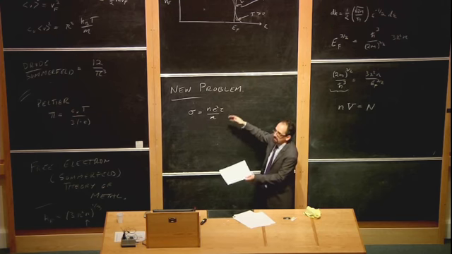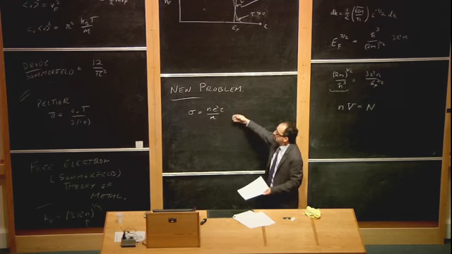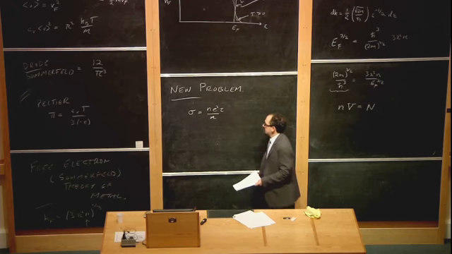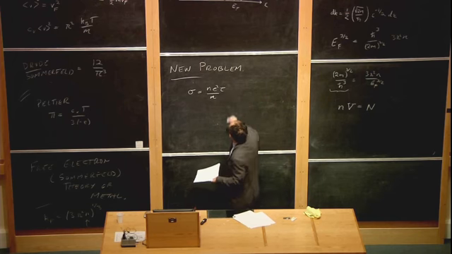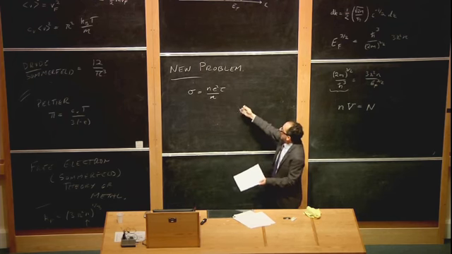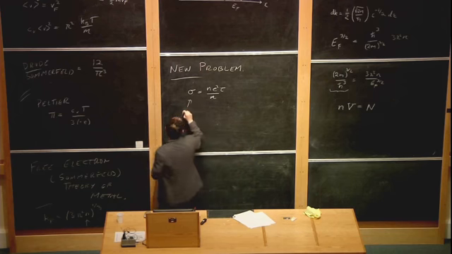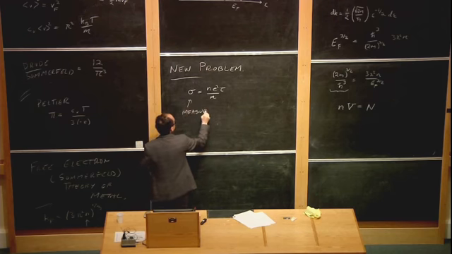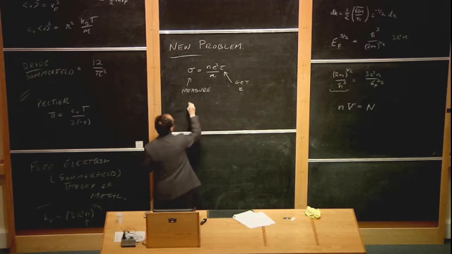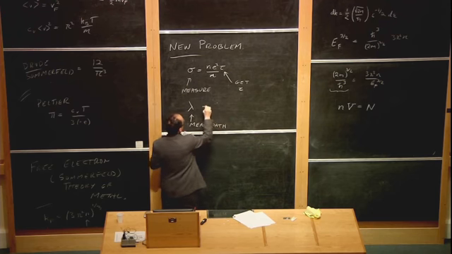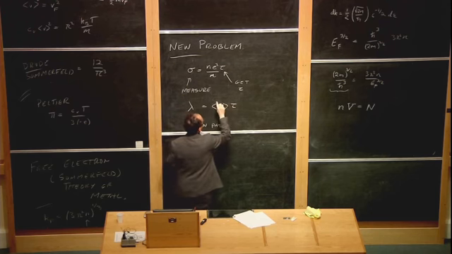So up to maybe a factor of 12 over pi cubed, we expect the conductivity to be given by this expression. We don't know tau, but we can measure sigma to get tau, and then from tau, we can calculate the mean free path lambda, the scattering length, which would be v times tau.